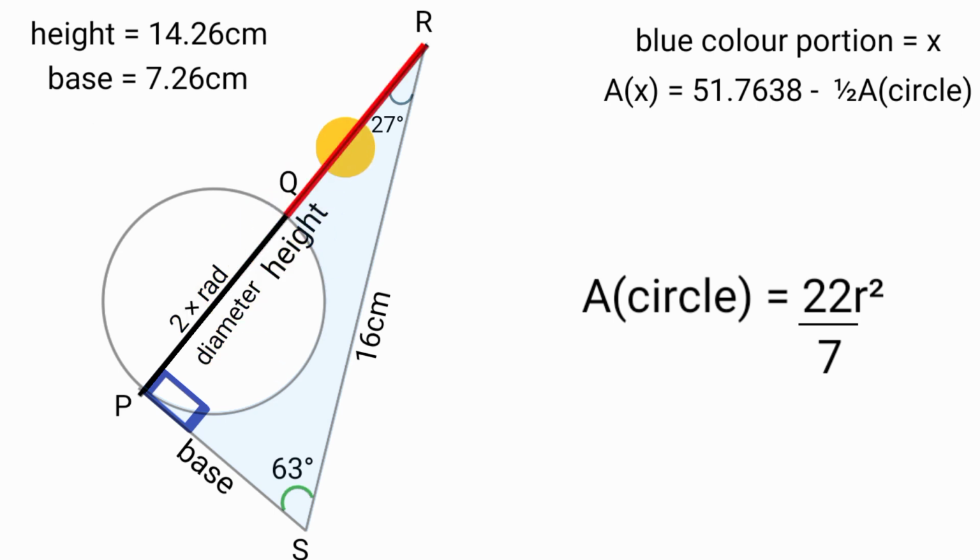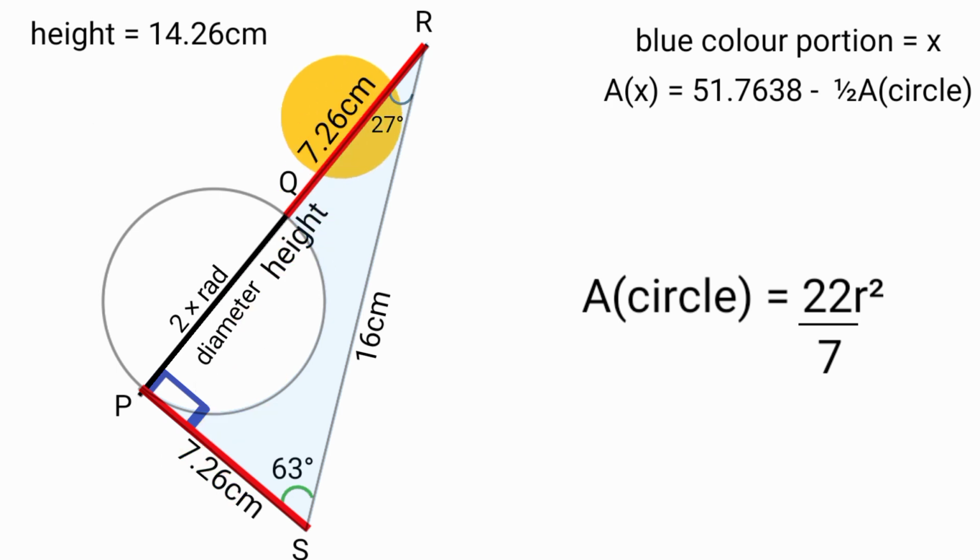Recall we have this line QR and this line PS to be equal in length, and we have this line here to be 7.26 centimeters. So that means this line QR is also 7.26 centimeters. And recall this whole line, line PR, is 14.26 centimeters. To find line PQ, we just subtract 7.26 from 14.26.